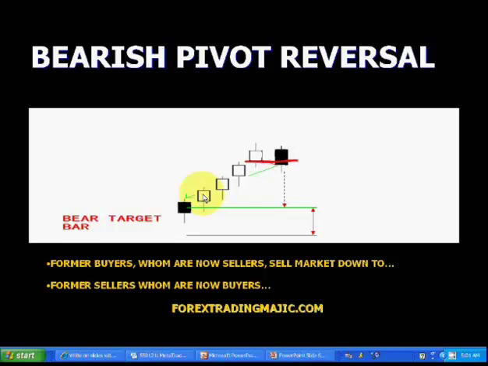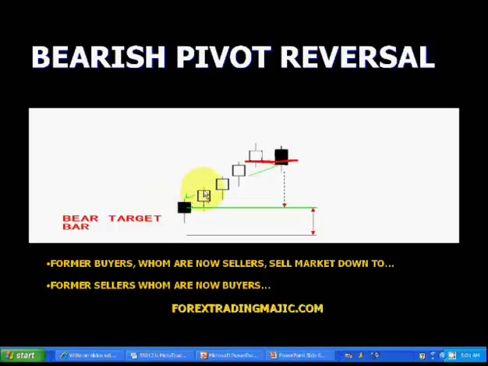Even this bar, which is a bullish reversal bar, and this is a bullish swing bar here, and like we said before, every turn in the market is evidenced by a pivot or swing reversal bar.